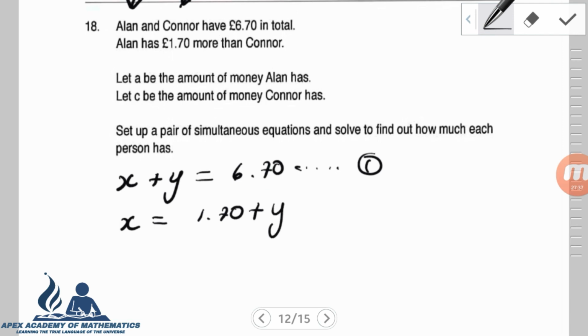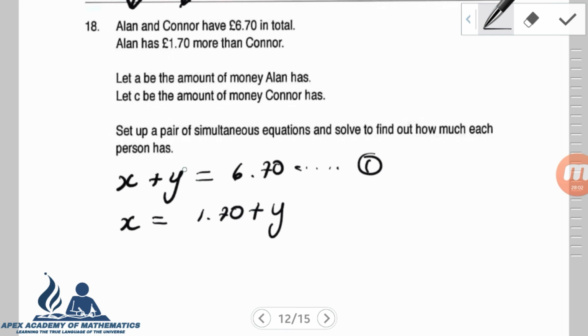Let me just repeat that for you. Alan and Connor have £6.70, but specifically Alan, who has X pounds, has £1.70 more than what Connor has.